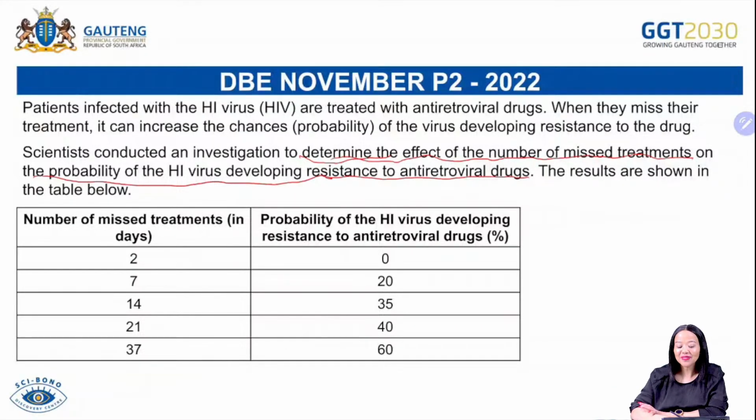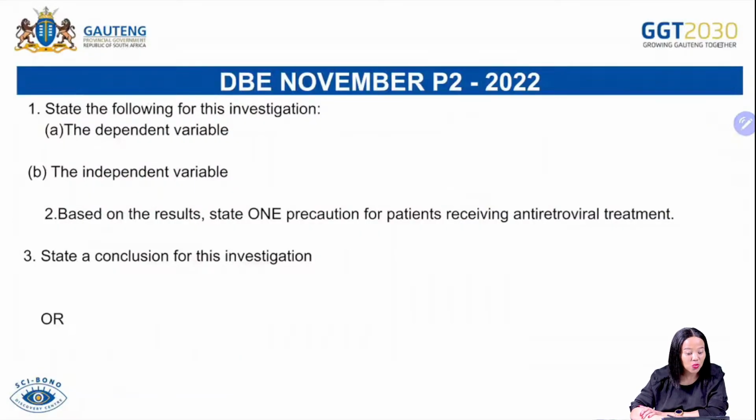Welcome back, grade 12. So let's carry on. Remember, the investigation was to determine the effect of the number of missed treatments on the probability of the HIV virus developing resistance to the antiretroviral drugs. The first question was the dependent variable.